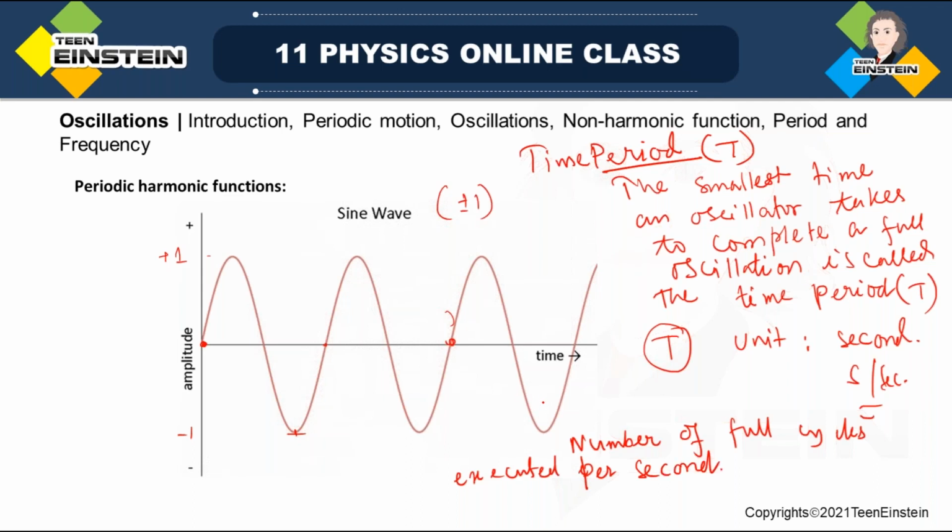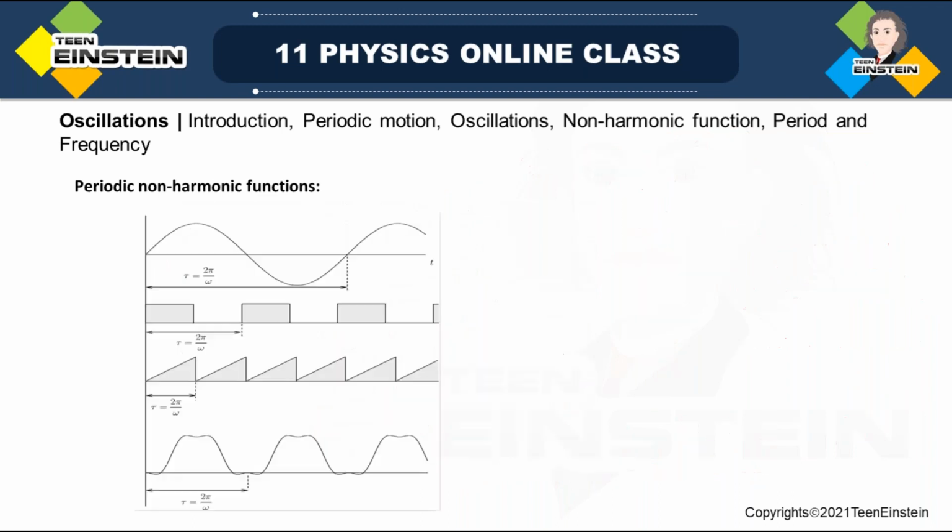In every second, how many full oscillations are happening? That number is called the frequency, and that is denoted by nu.